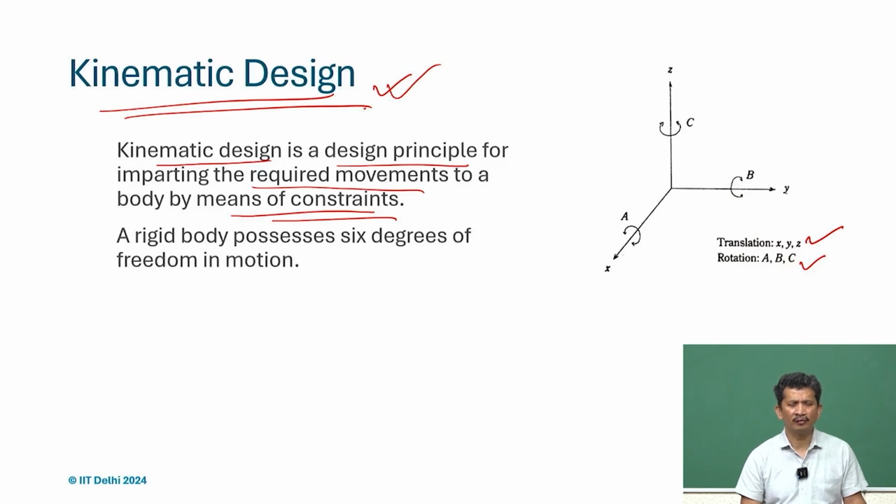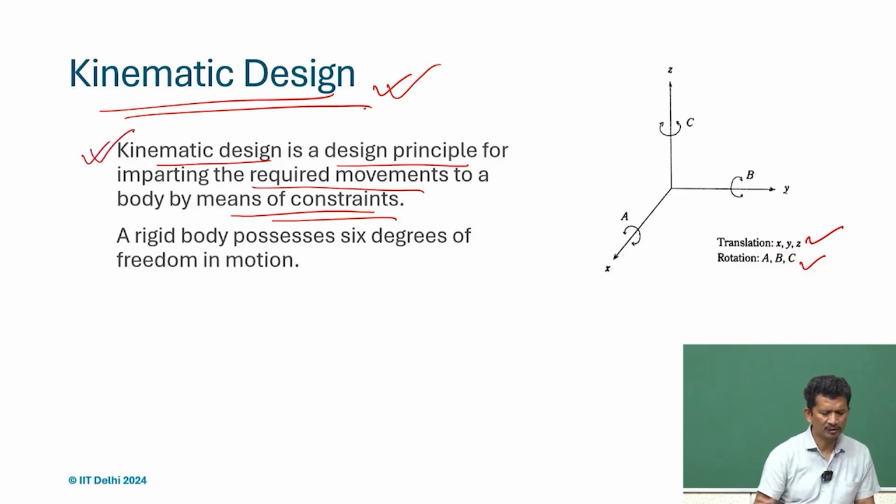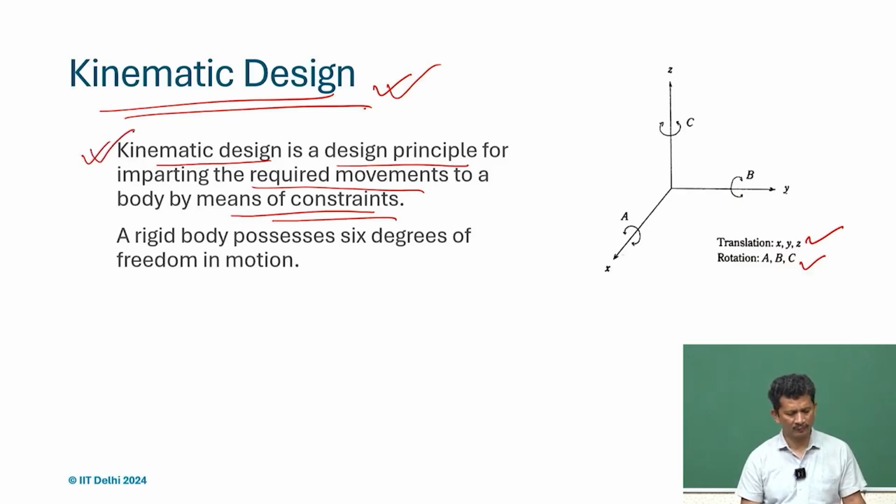If we achieve the design using this principle, usually we call it kinematic design, or we can also call it exactly constrained design. So, we are talking about the minimum number of constraints here.